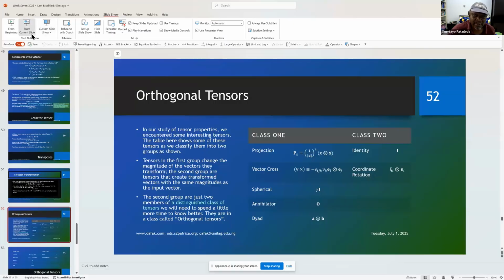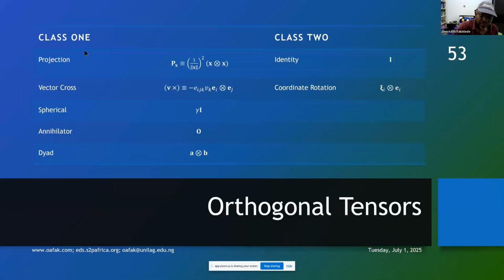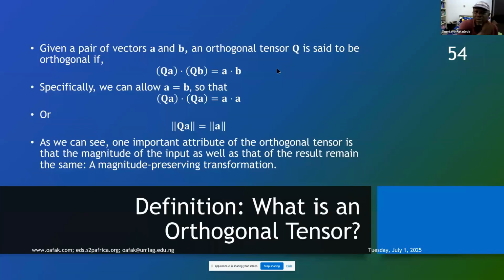Orthogonal tensors: the three we have talked about now are identity, coordinate rotation, and plane reflection. If it is reflection in a concave or convex mirror, that one changes, it even distorts, so that's a different thing entirely.